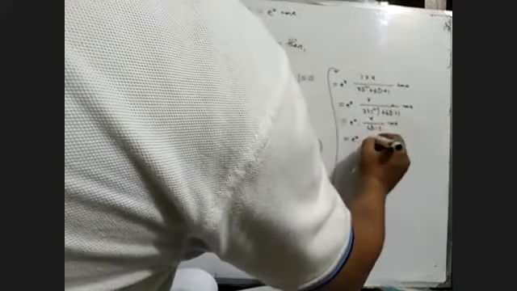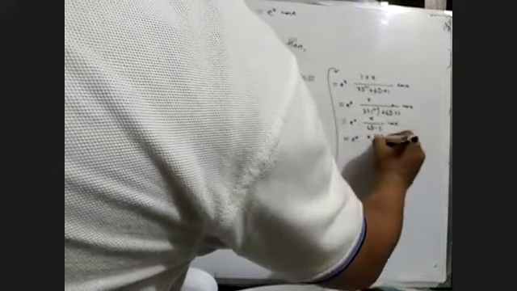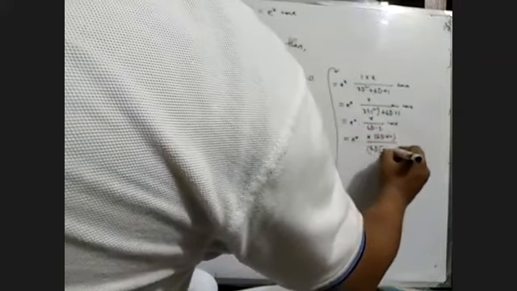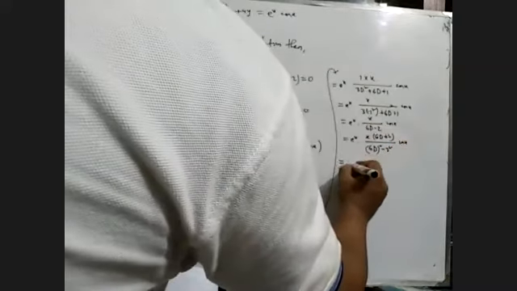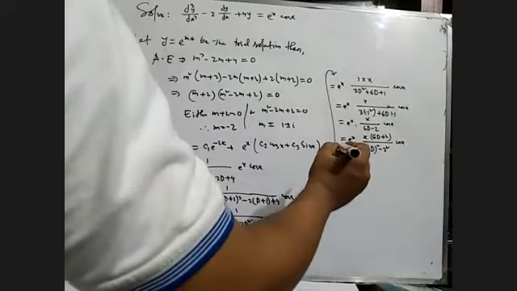Now to remove 6D minus 2, we can take 6D plus 2 in both numerator and denominator, giving 6D whole square minus 2 whole square.